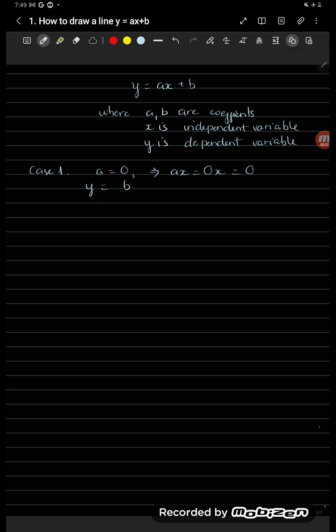So we draw it. We have Oy and Ox here, and in order to draw this line, we take the value y equal to b. Let's say it's here, it's b. b can be positive or negative, but in this case I just take b as positive.